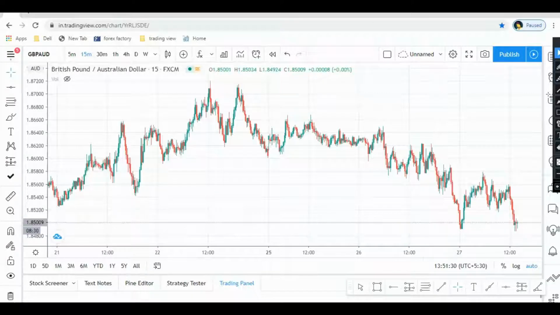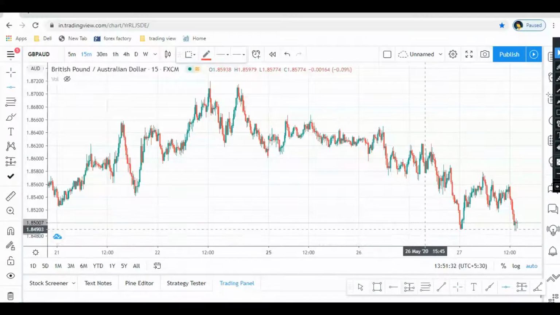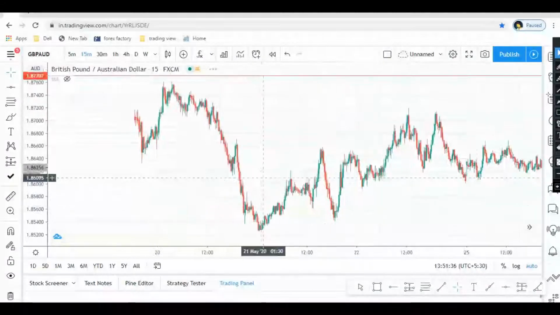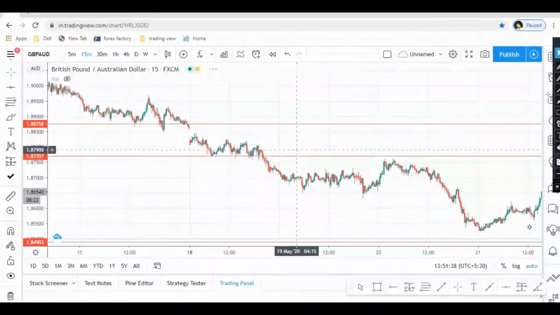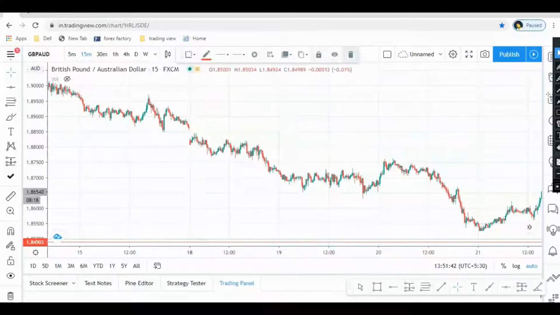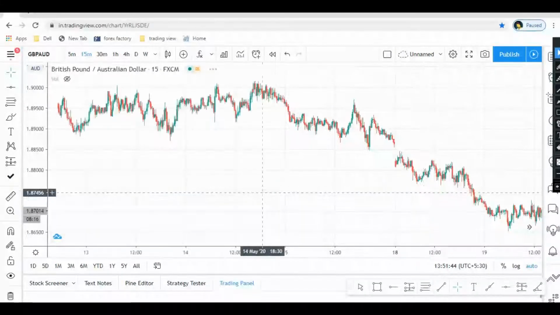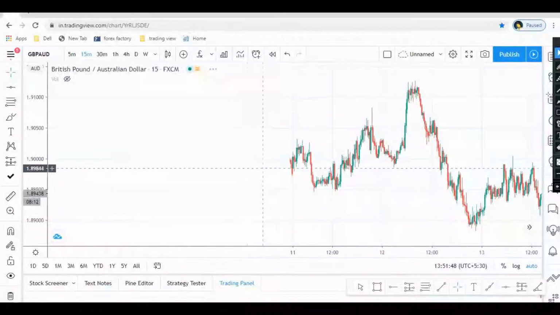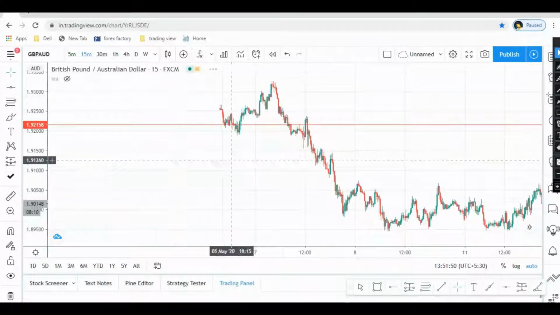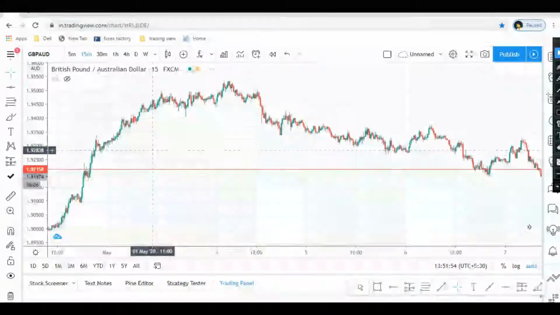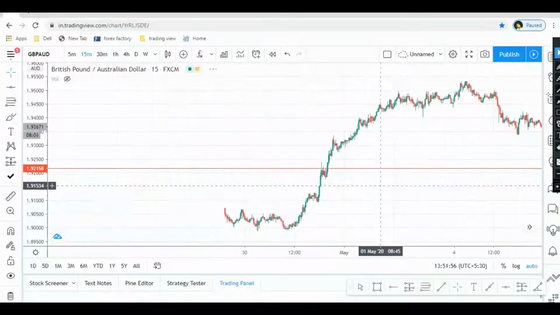Okay, as I can see in GBP AUD, this area acted as a support. Let's see how strong this area acted as a support. Let me delete all the lines. Till now I couldn't find anything. Let me wait.